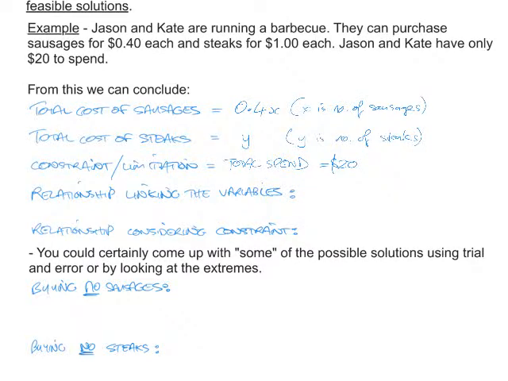Well, if the total cost of sausages is 0.4x and the total cost of steaks is y, well, the total cost of everything is going to be 0.4x plus y.